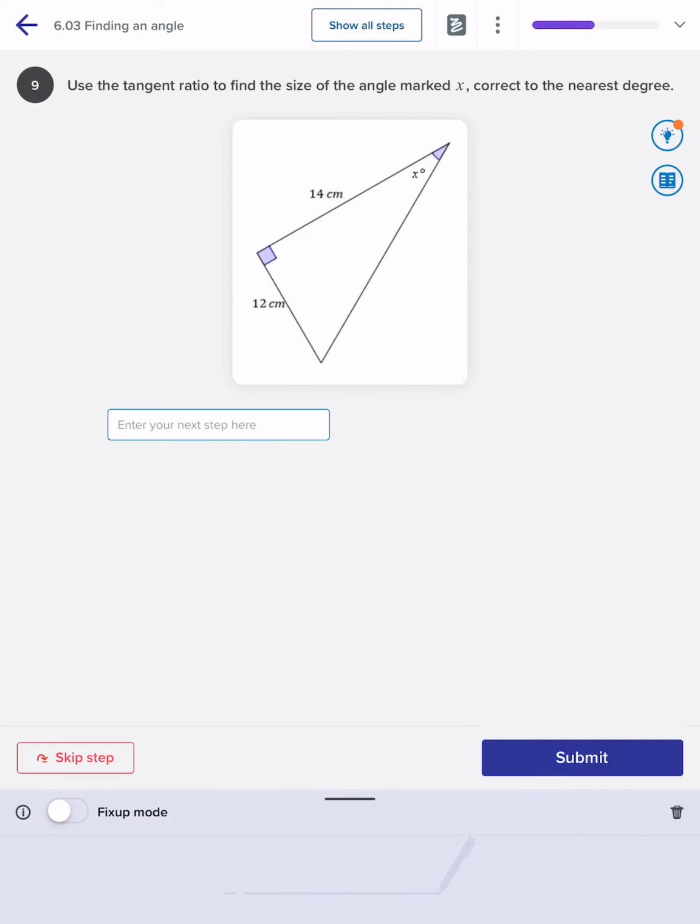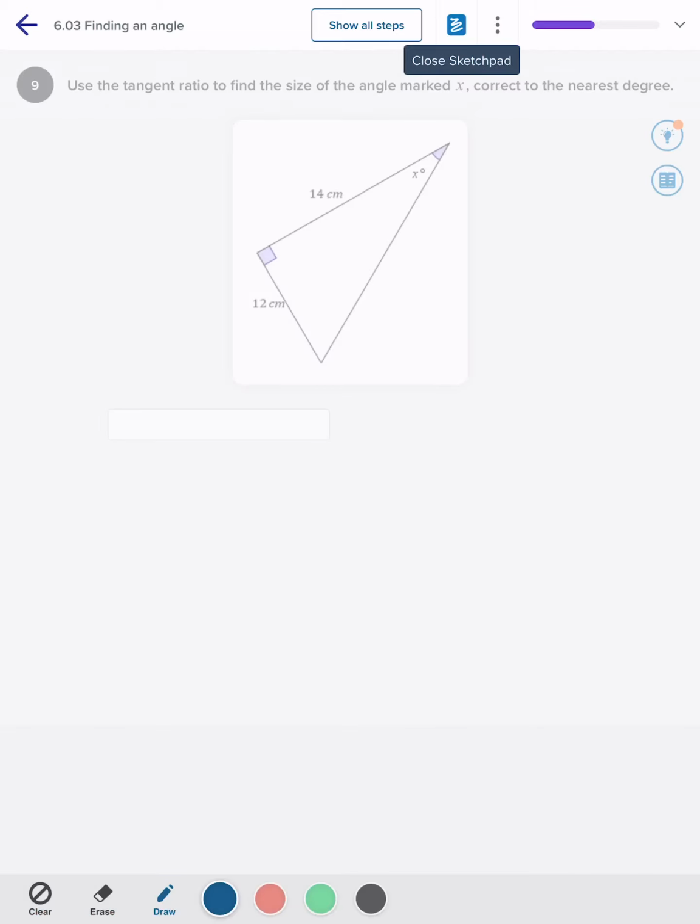Here, Year 9, in this question I want to find an unknown angle given the length of two sides of a right angle triangle. If you read the question, we are required to use the tangent ratio to find the size of the angle marked X. This question specifically asks us to use the tangent ratio.